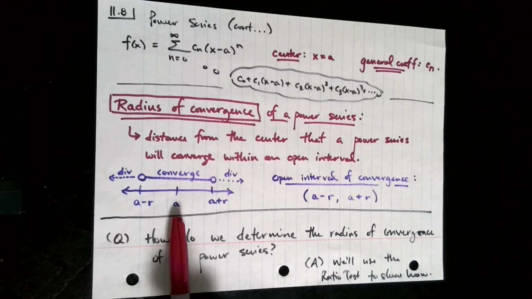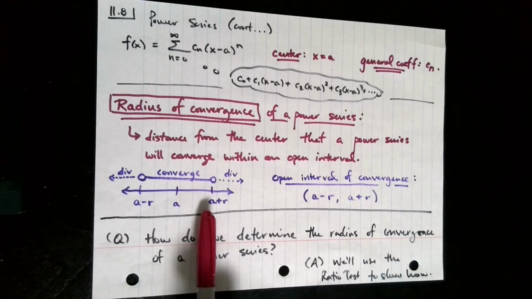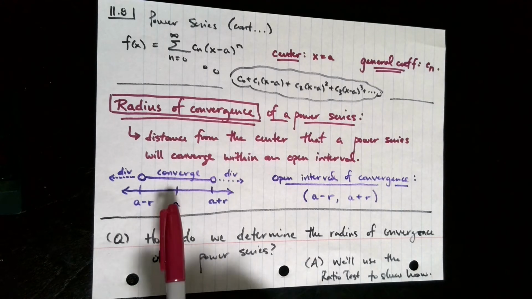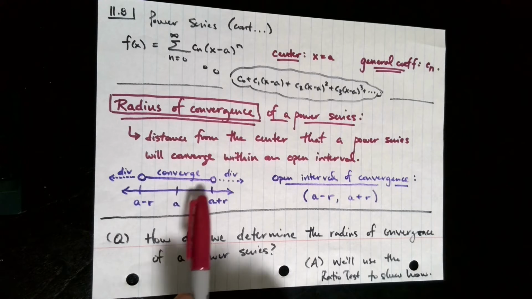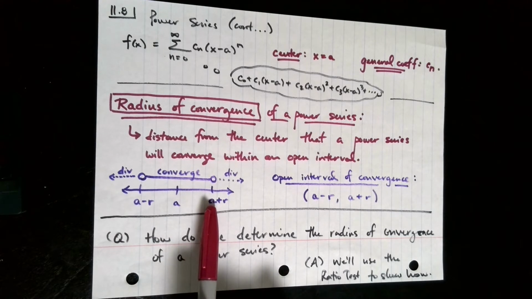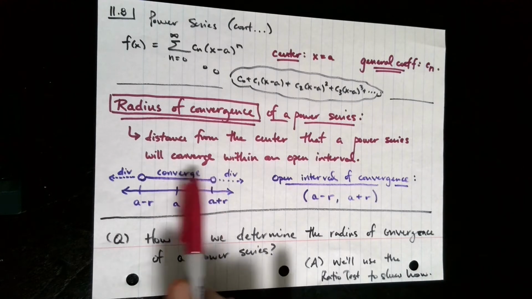However, as we mentioned, it's conceivable that the farther you move away from a, the harder the series is going to have to work to converge. And in fact, as it turns out, and we will see why this is the case, the radius of convergence will always be the distance from the center to the outside of an open interval where the power series will converge.